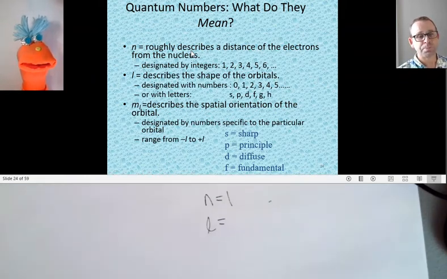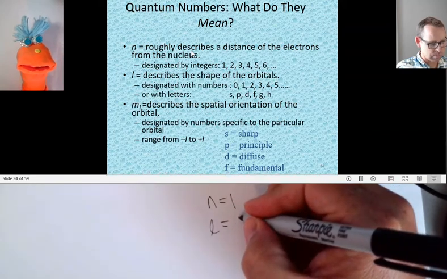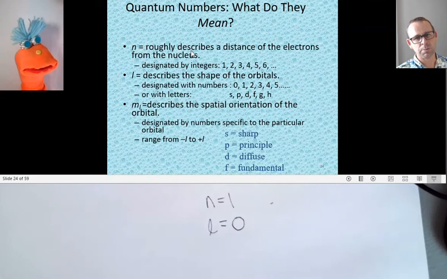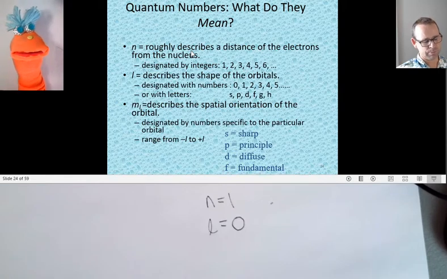So if n equals 1, the highest L can be is 0, and what did we say the lowest L could be? 0. That's right. So if n equals 1, L equals 0.